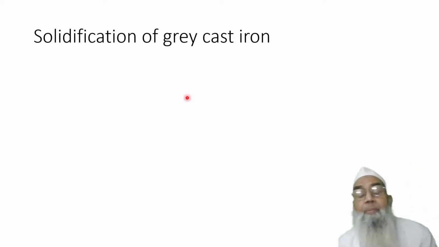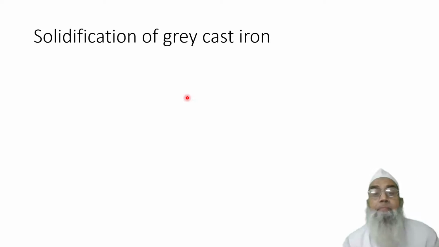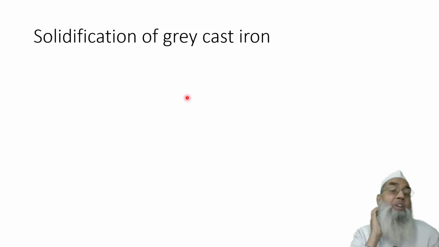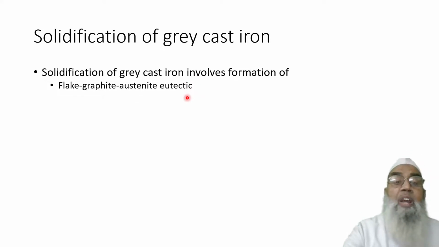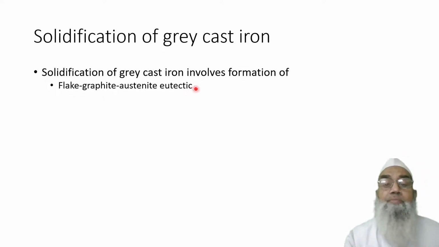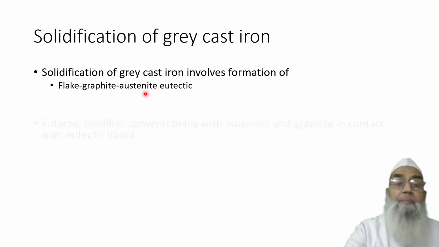Now, solidification. Before going into detail of the properties of SG iron, first let us see the solidification process of grey cast iron and that of SG iron, so that we can obtain SG iron. Solidification of grey cast iron involves formation of flake graphite in austenite eutectic.